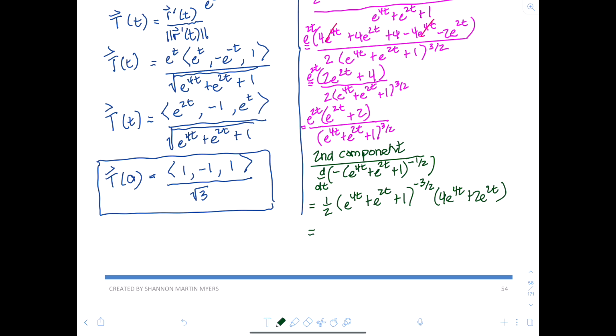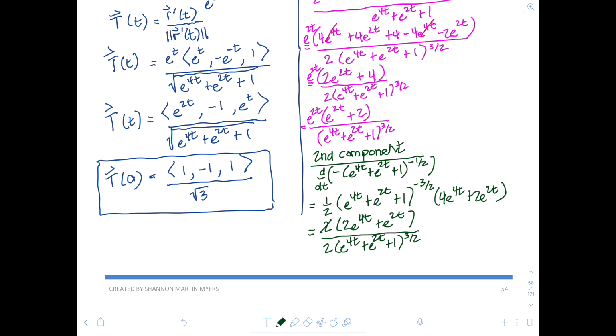Okay, so I can factor out a 2 from the numerator, that second factor. So I'll have 2e to the 4t plus e to the 2t over 2 times e to the 4t plus e to the 2t plus 1 raised to the 3/2.